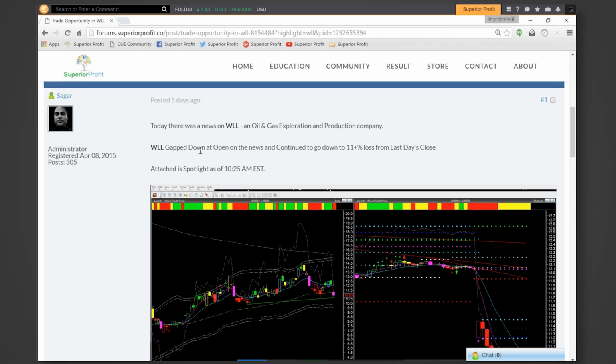Today there was news on WLL, an oil and gas exploration and production company. WLL gapped down at open on the news and continued to go down to an 11% plus loss from the last day's close. Attached is the spotlight template. What is spotlight? This is again a compound template like at a glance. We saw that at a glance has a weekly backdrop and a daily chart that is used for swing trade and long term.